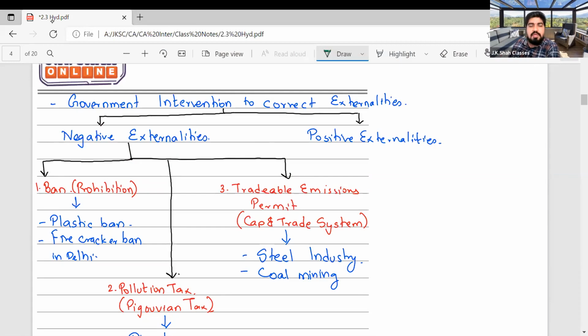So in positive externality, there is only one thing that you have to remember and write, and that is the government will try to give more and more subsidies. Now subsidies include everything. It includes promotion, it includes encouragement, everything is taken into consideration.